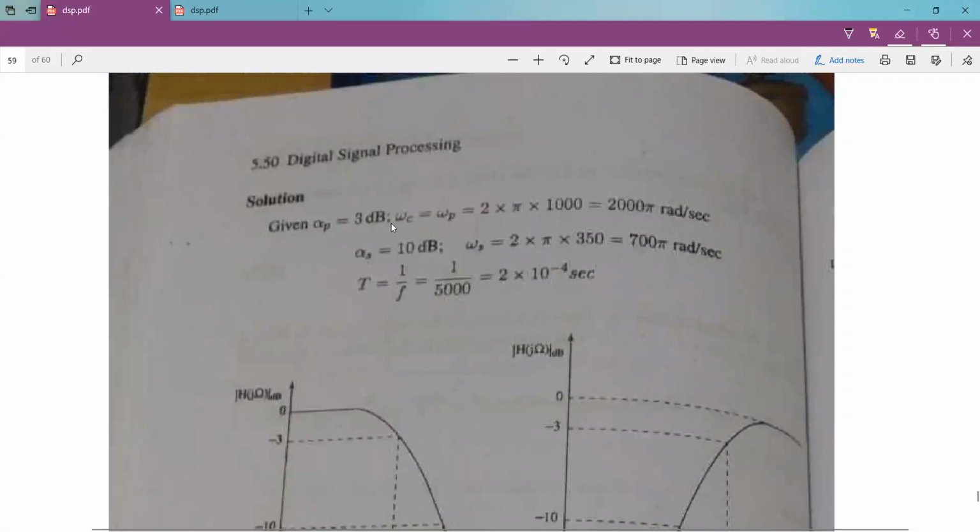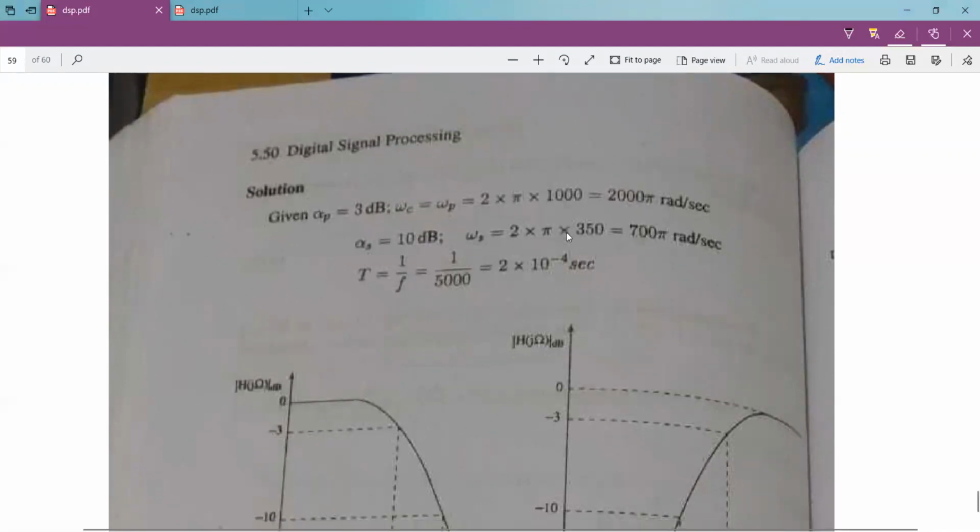Cutoff frequency is the 3 dB cutoff, the frequency where you will have an amplitude decrease by 3 dB. So omega c should be equal to omega p, and that will be 2 pi 1000, 2000 pi radian per second. Alpha s will be 10 dB, so omega s can be this, and T is 1 upon f because sampling frequency is given. You have to find out the sampling time here.